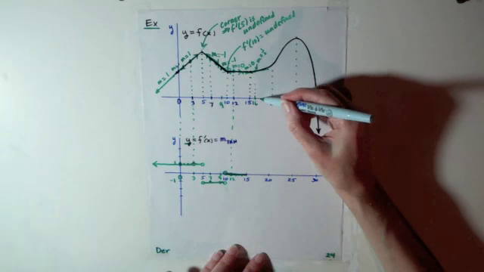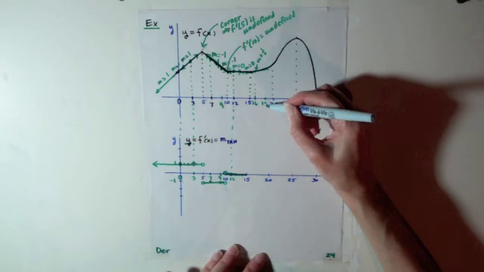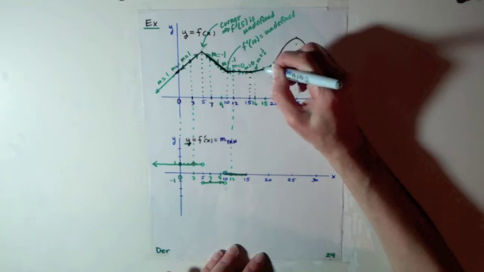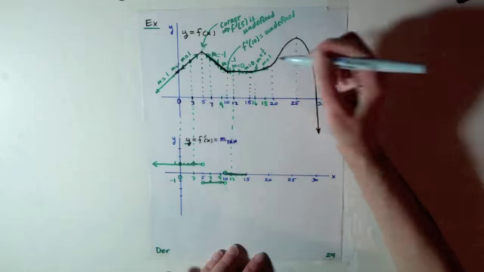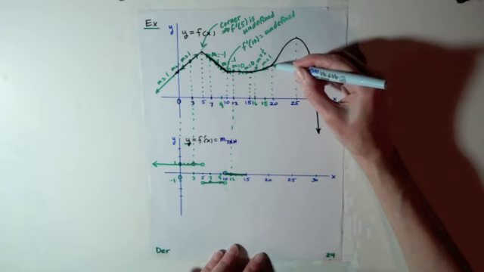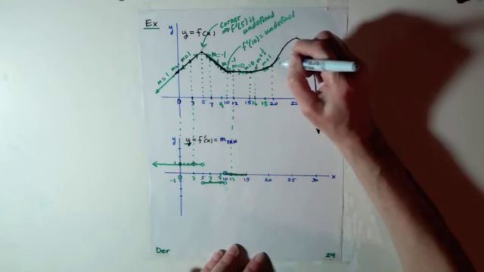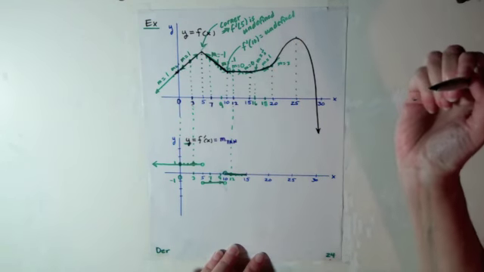And as I continue to move to the right, say I choose the x value 18, it looks like the slope of the tangent line is getting steeper. Maybe here the slope might be equal to 1. When I get to 20, perhaps the slope of the tangent line is equal to 2. I go over 1 and have a rise of 2.